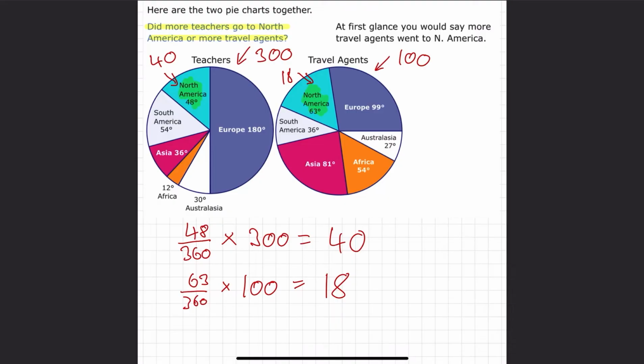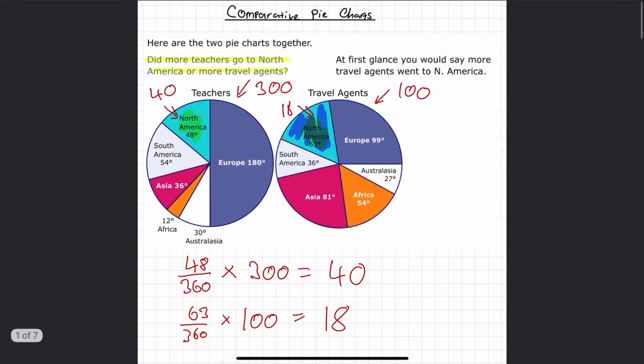So as you can see, even though the sector is bigger for this, there's a bigger proportion of travel agents going to North America, when you actually get the sample sizes that I just made up from the top of my head, you can see even though this sector is smaller, you still have more teachers going to North America than you have travel agents. It is all dependent on your sample size.